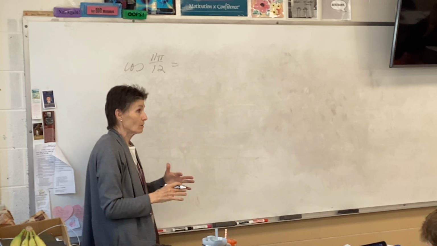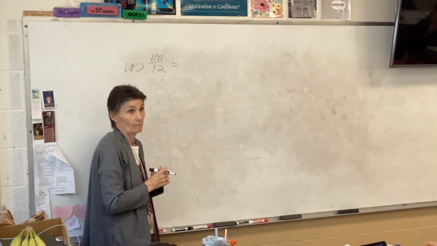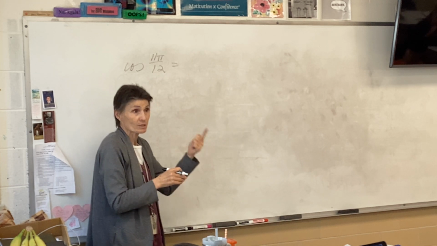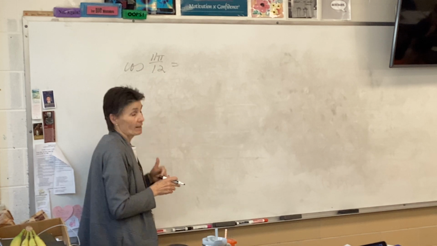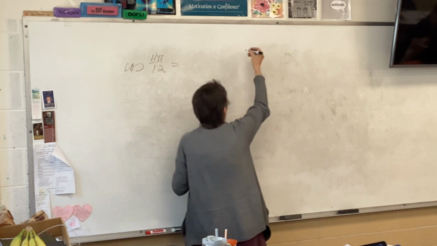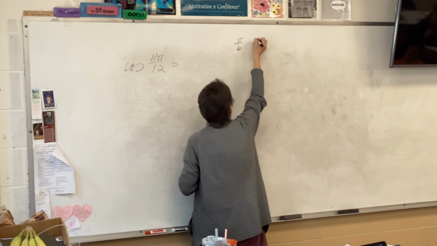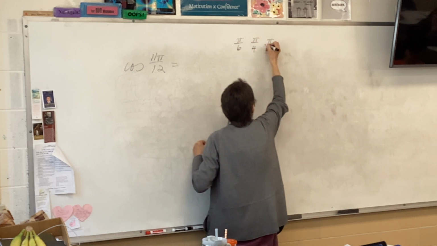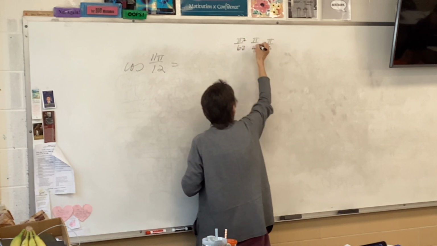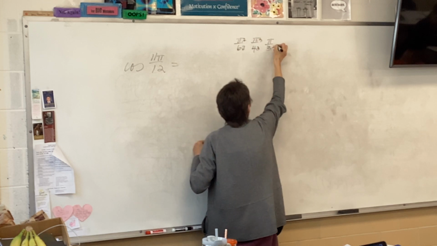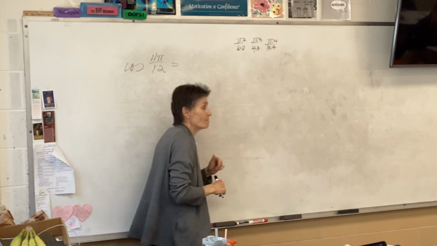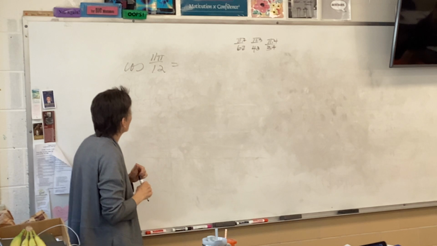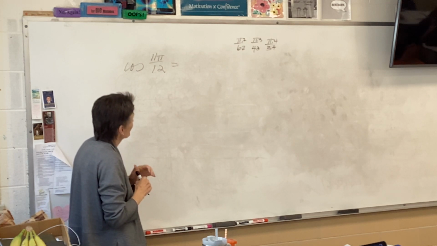Split it into angles that are on my unit circle, right? And they either add or subtract to give me 11 pi over 12. So my angles again are pi over 6, pi over 4, pi over 3. And if I turn those into 12ths, just for my own messing around, how could I get 11 out of that?